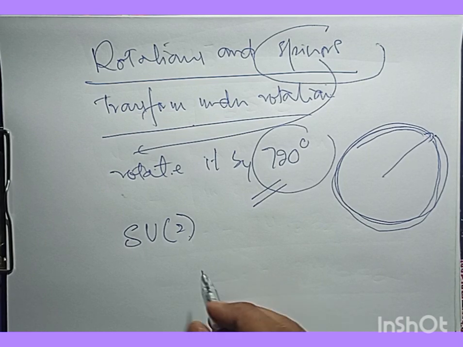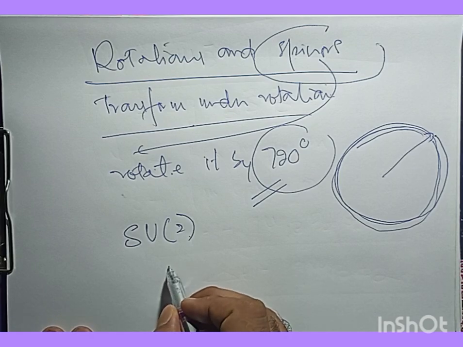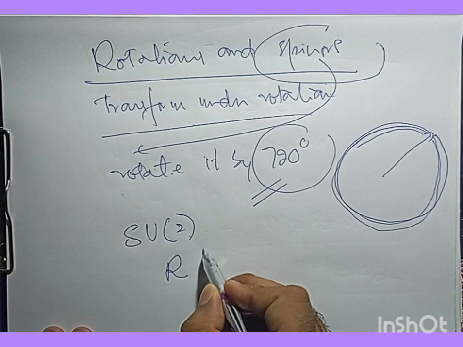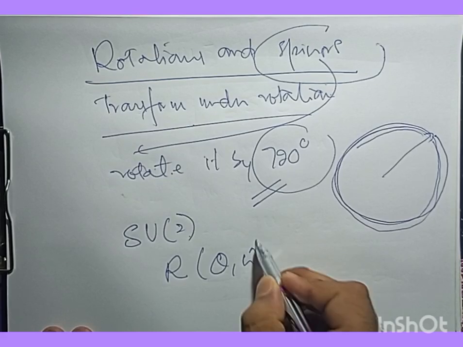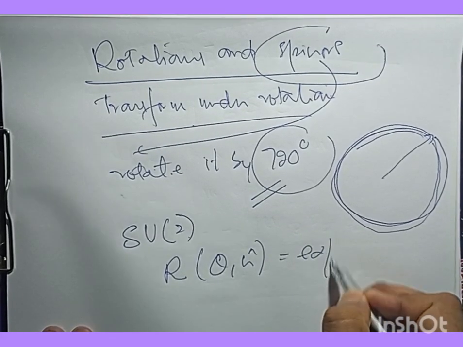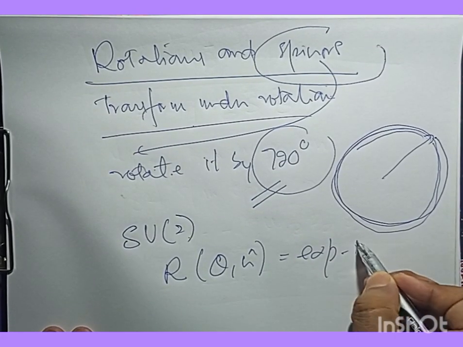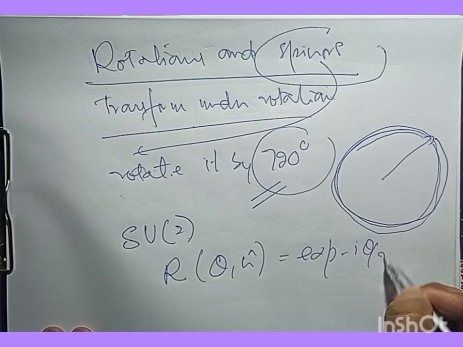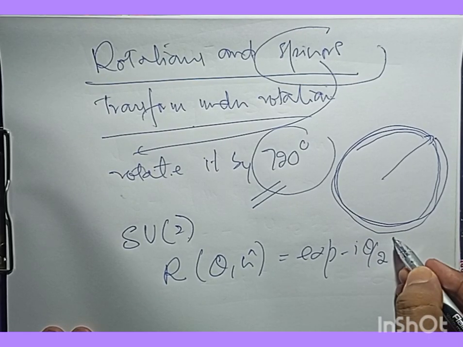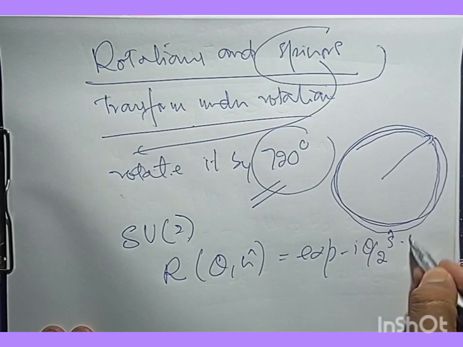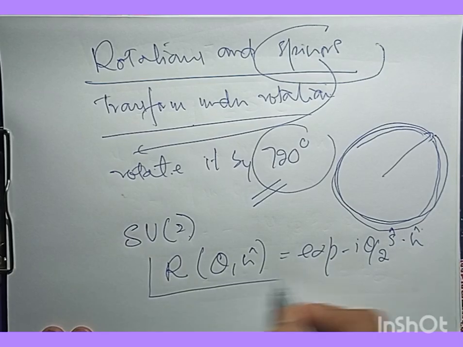That can be mathematically written down as R of theta and n cap equals exp of minus i theta by 2, then spin operator dot n cap.